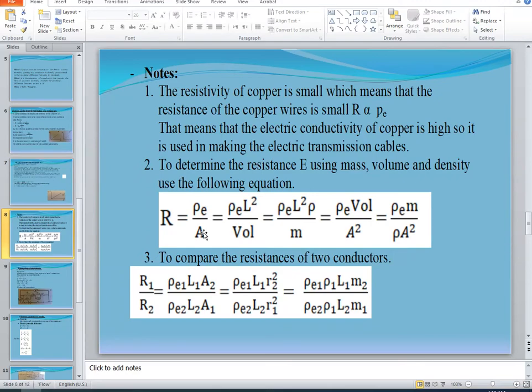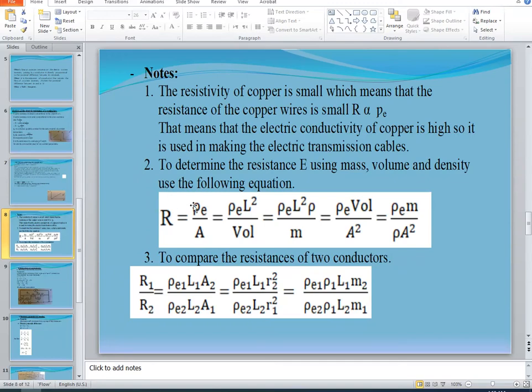If you divide R1 by R2, instead of dividing, we convert it to multiplying, and we take the reciprocal of the rule of R2, which will be A2 over rho_e2 L2. So the rule will be rho_e1 L1 A2 divided by rho_e2 L2 A1.